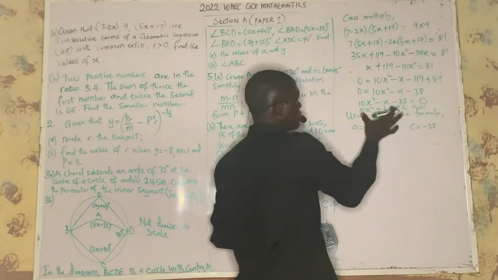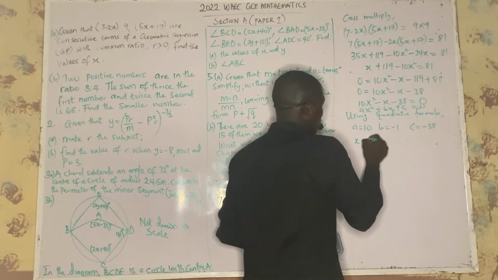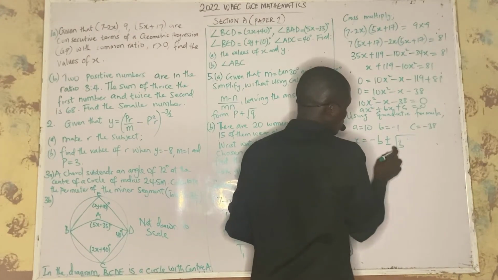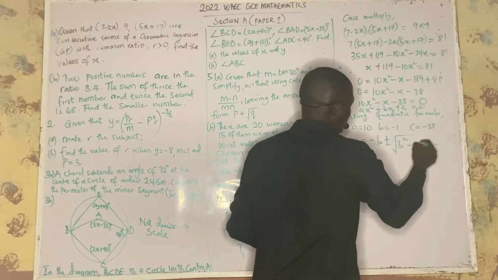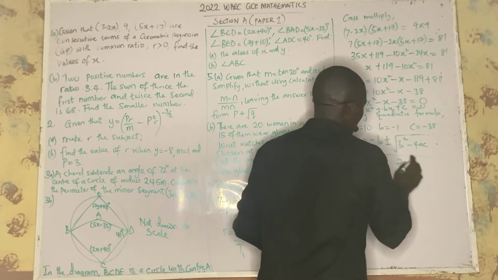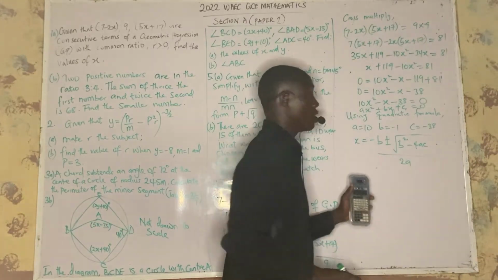So substituting this into the formula, x is equal to minus b plus or minus square root of b squared minus 4ac all over 2a. So this is the quadratic formula.